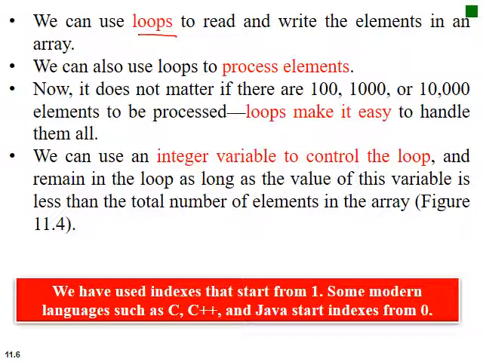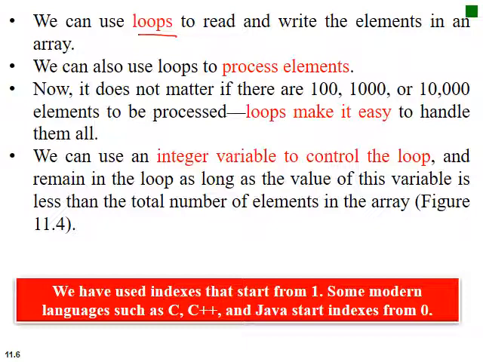We very often say that arrays and loops go together. Sometimes we say arrays are married to loops, which basically means that we will struggle, or we will do it very inefficiently, to refer to elements in an array if we don't use a loop. So loops and arrays go hand in hand.